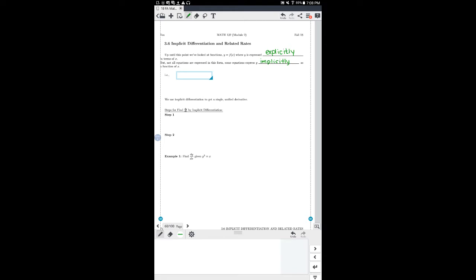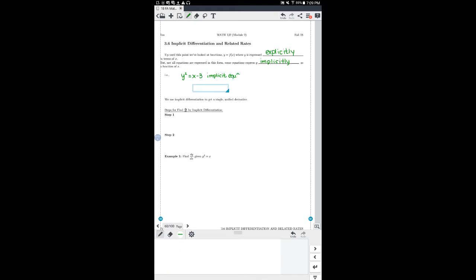For instance, if you have something like y squared equals x minus 3, this is called implicit, because I don't have just y by itself on one side. I have y squared. Here's a pretty simple implicit equation.